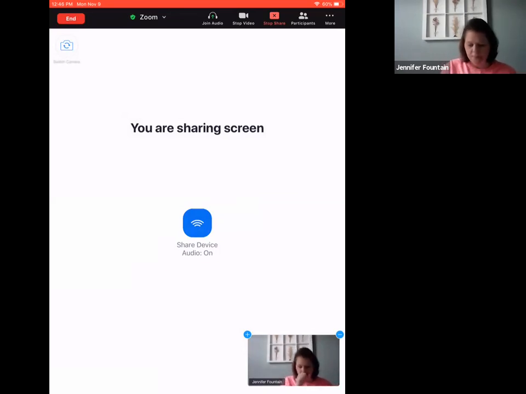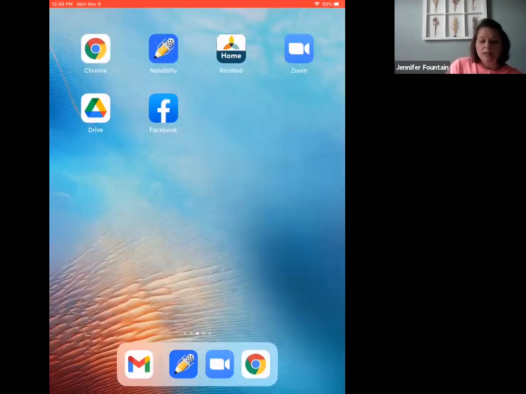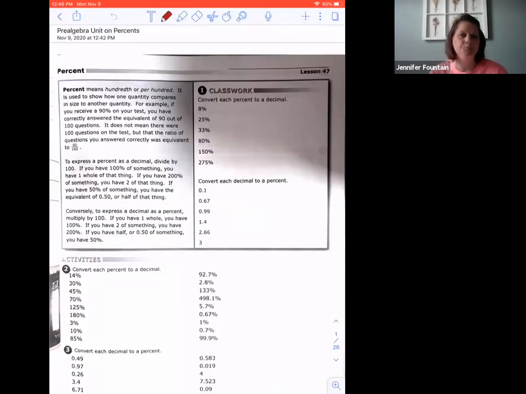So starting with lesson 47, dealing with percents.